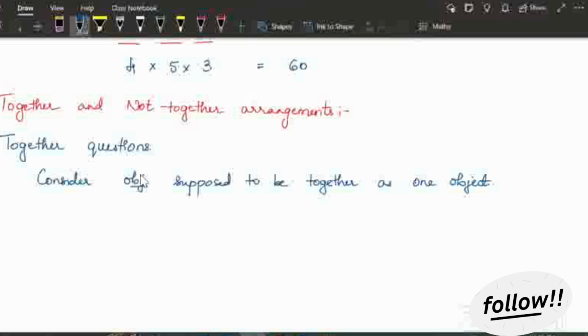So always for together kind of questions, count n after considering the together objects as one object. Then the answer for these types of questions is going to be n factorial into the factorial of the number of objects grouped as one unit.